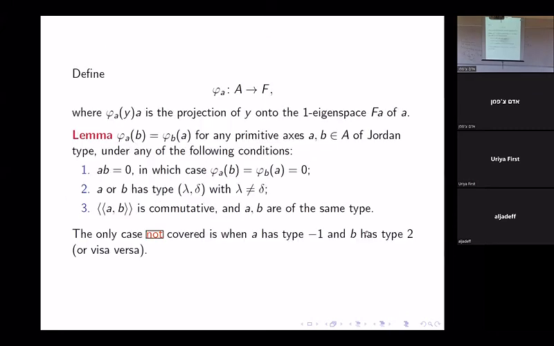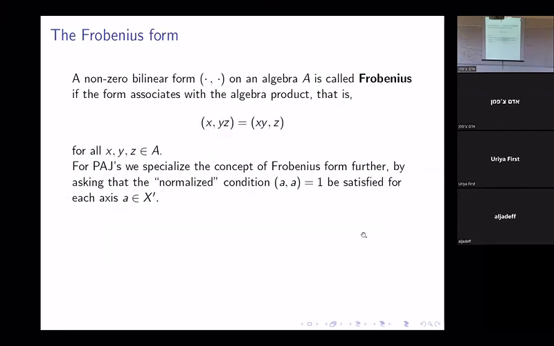Okay, but you can always choose B to have type 2. You can throw out the axis of type -1, and you generate the set. And so this is what a Frobenius form is. It's a bilinear form, which is associative, and it's normalized with A equals 1.